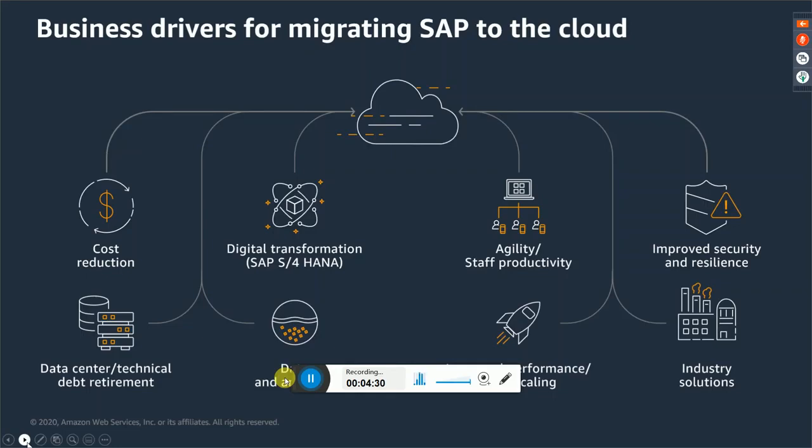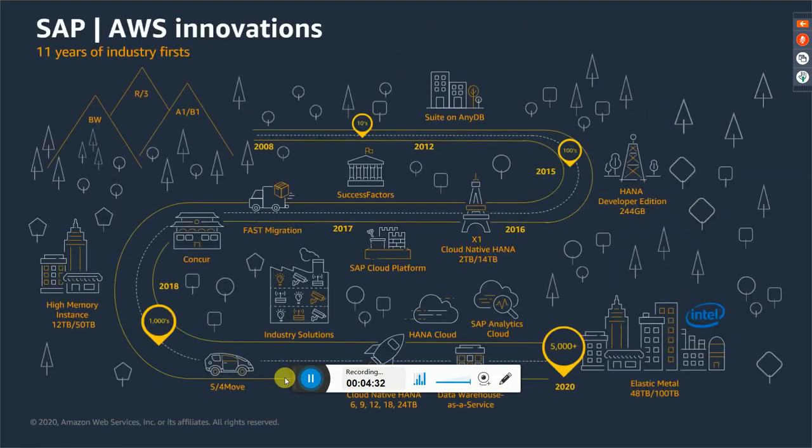If you look at the history, it started with NetWeaver and the database back in 2012, but over the years, especially with the evolution of HANA as an in-memory database, we have been leading the pack with the ability to take large in-memory databases like HANA. Recently, in 2019, we launched the first 48 terabyte in-memory solution, with 48 terabytes of RAM and 100 terabytes of SSD storage.